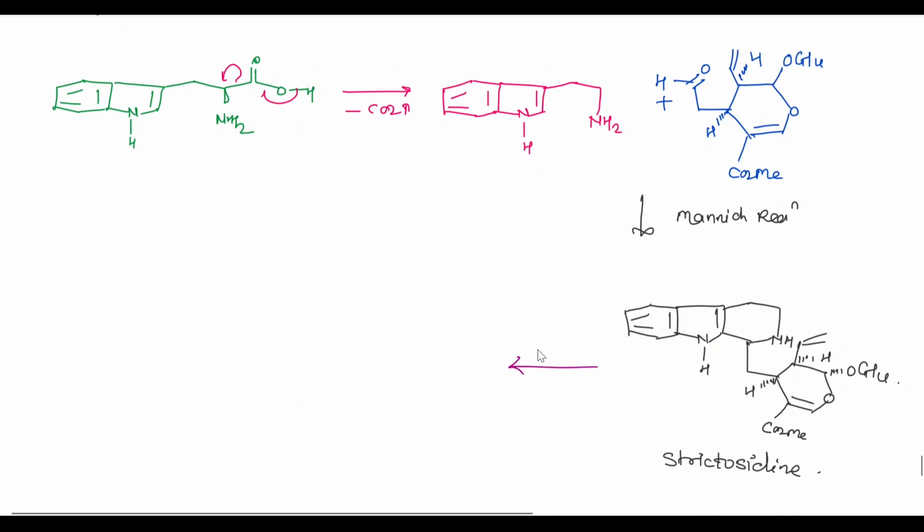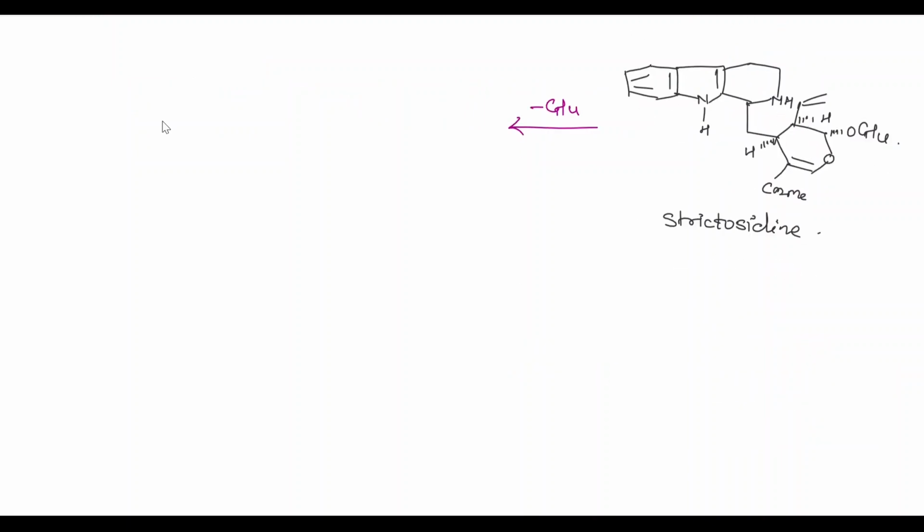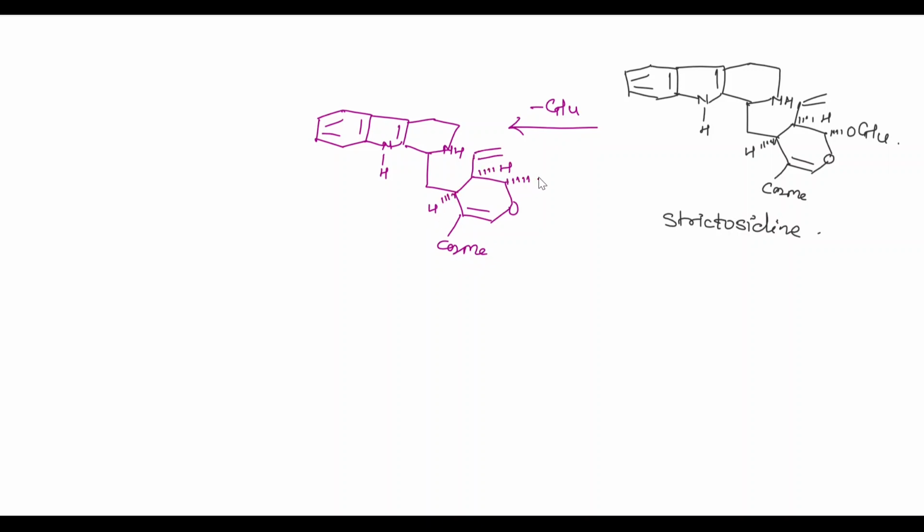In the next step, loss of glucose takes place and we get strictosidine aglycone. In the next step, hydrolysis of hemiacetal takes place with rotation of the carbon-carbon single bond.